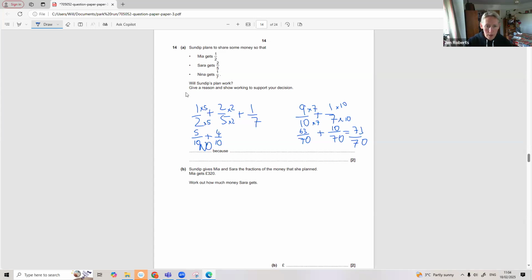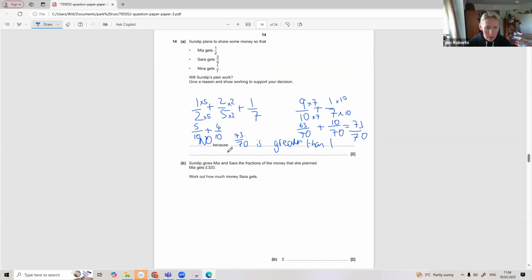No, because it's greater than 1. I'll give you the other possible answers in a second, but 73 over 70 is greater than 1. You could have had not equal to 1, something along those lines.